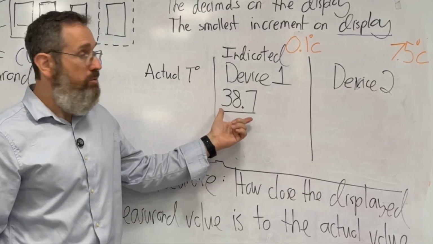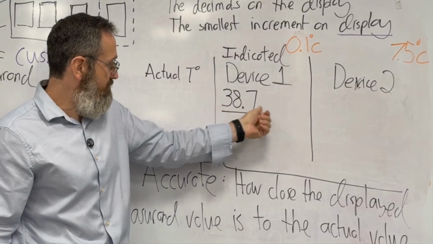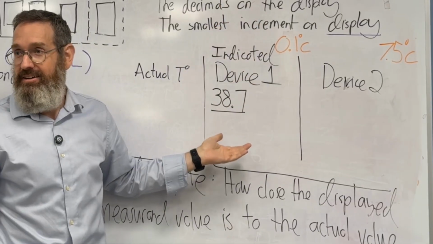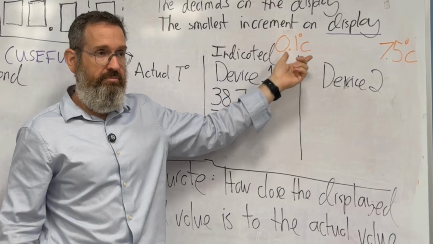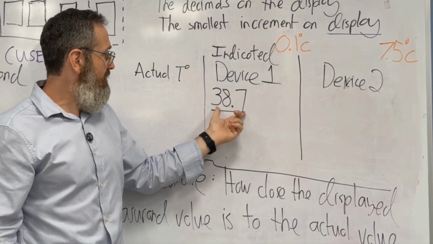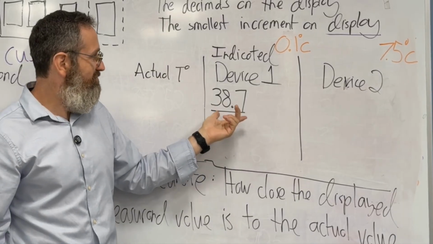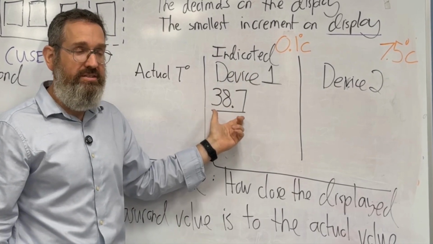Now, I know the precision because it's 0.1. That's the precision, not just what's on the display. But I know the accuracy is 0.1 degrees C. What does that tell me about the actual temperature? What do you think I could infer? I know that the actual temperature may not be exactly what this says.